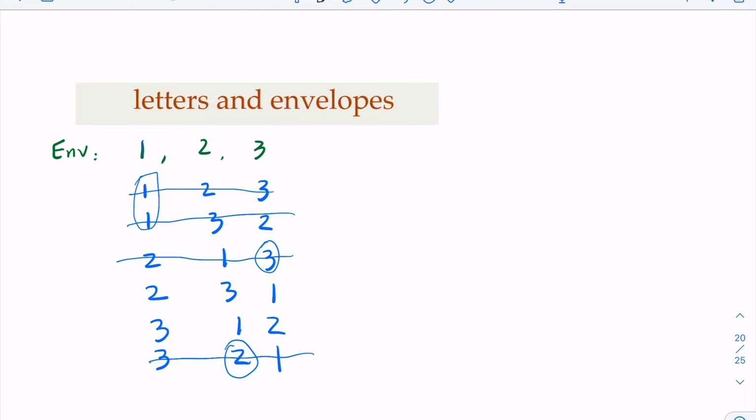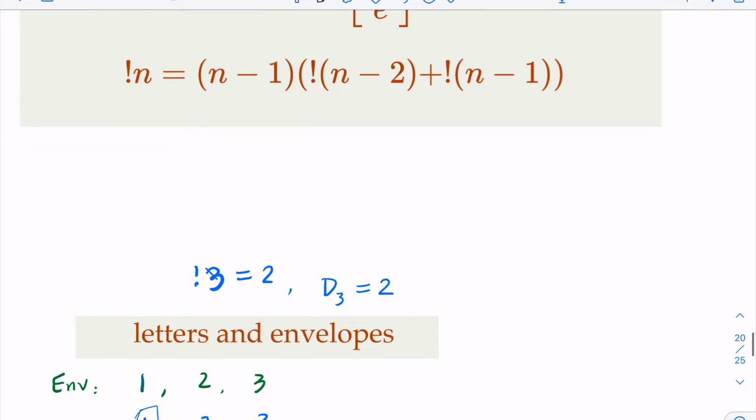The notation here is for the three objects, and the number of derangements is 2, or sometimes we use the notation d sub 3 equal 2. So the notation could be this one, or d sub n, the number of derangements with n distinct elements.